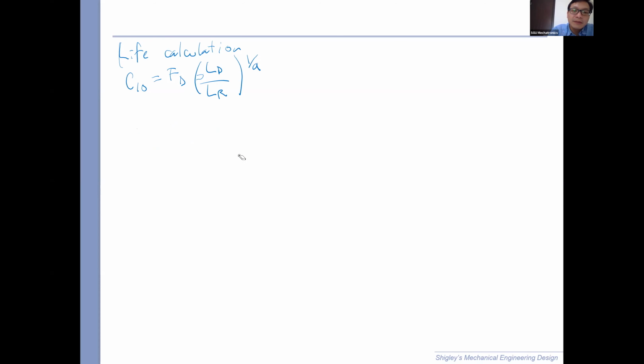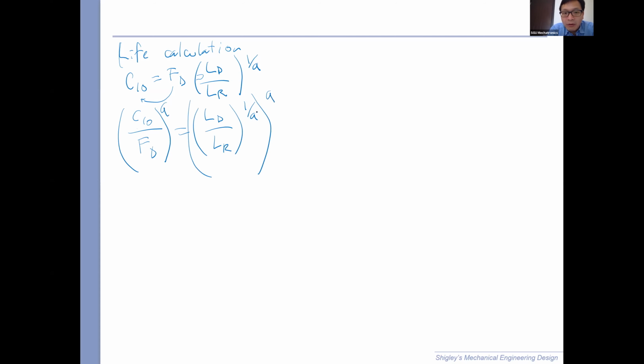Let's do this step by step. Okay, I want LD, right? I want LD. So we are going to try to get LD out from the equation. I'm gonna take a power of A on both sides. Well, actually, I'm gonna move this guy here first. Okay, so C10 divided by FD equals LD divided by LR 1 over A. So I'm gonna do a power of A on both sides, right?